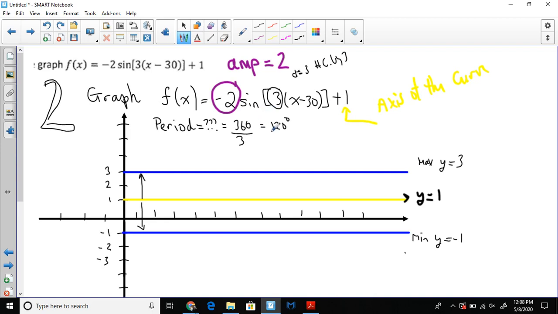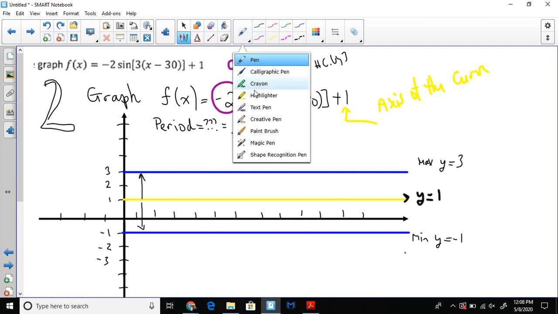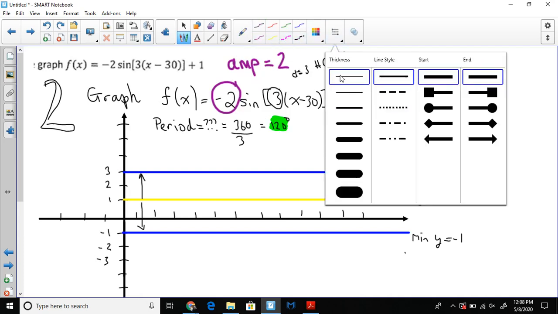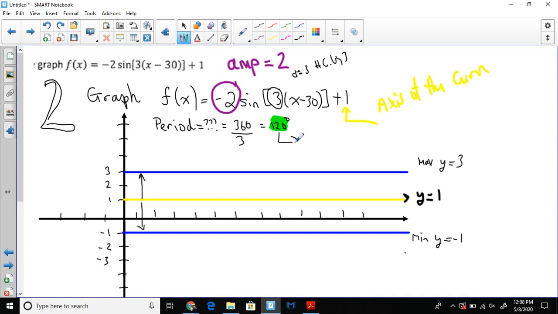Now I have this number here, which is super important: the period is 120. Now remember, when we drew the regular sine of x, there were always 5 key points.